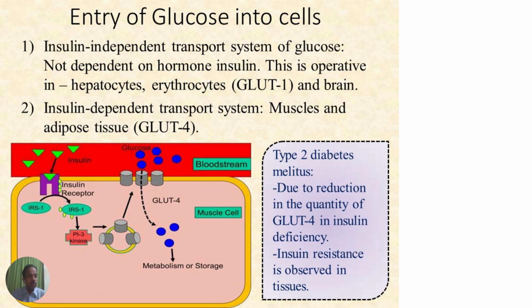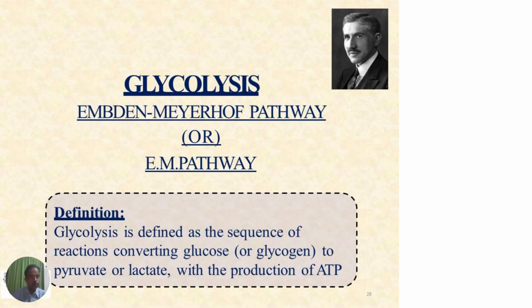So what happens when glucose enters the cell? There is an insulin-independent transport system of glucose, not dependent on the hormone insulin. This is operative in the hepatocyte, erythrocyte, etc. The insulin-dependent transport system occurs in the muscle and the adipose tissue.